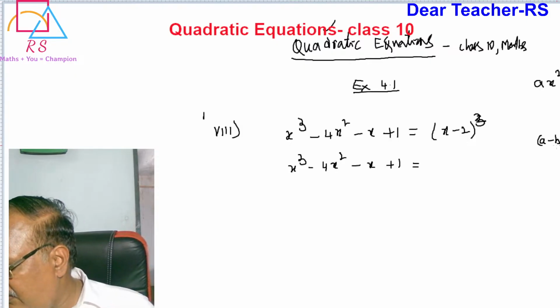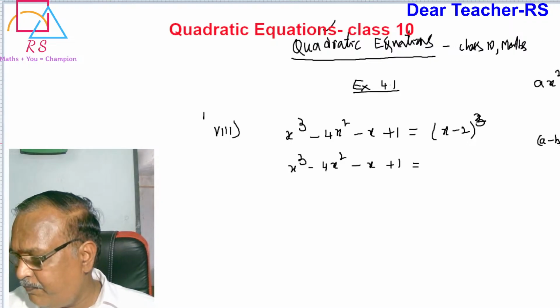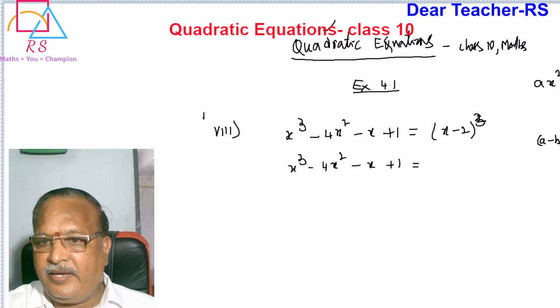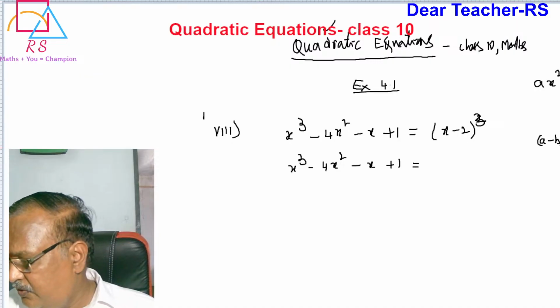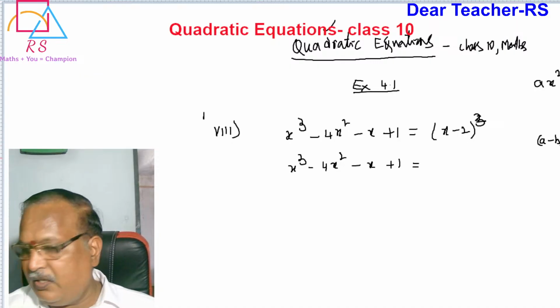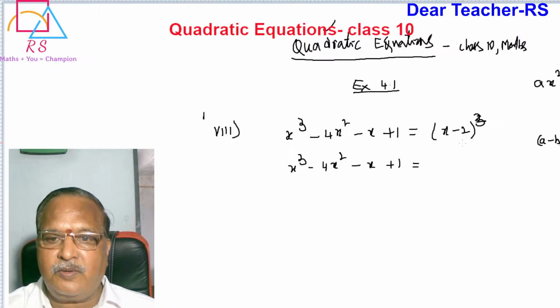The a minus b whole cube formula you have to apply, and then a cube minus b cube minus 3ab into a minus b. So now you have to use this formula on the right hand side, right?